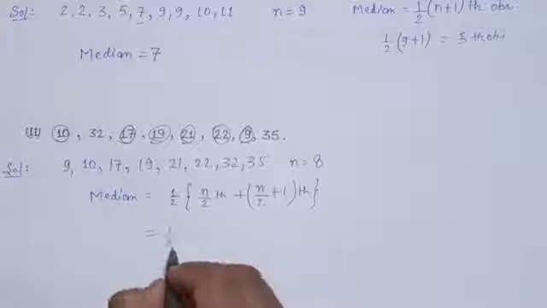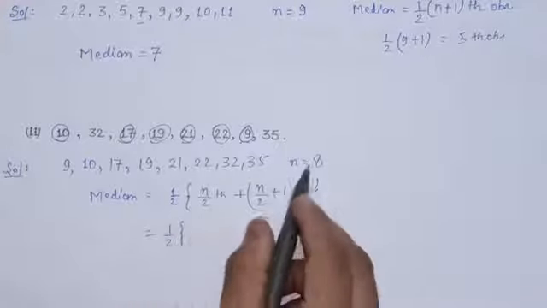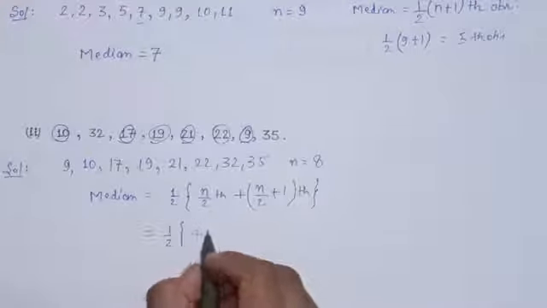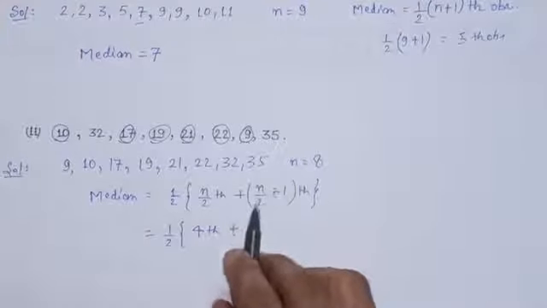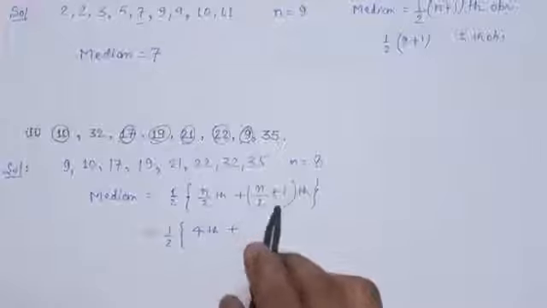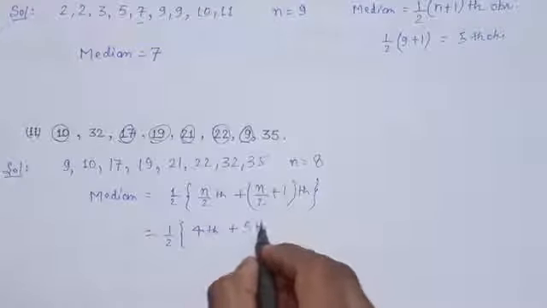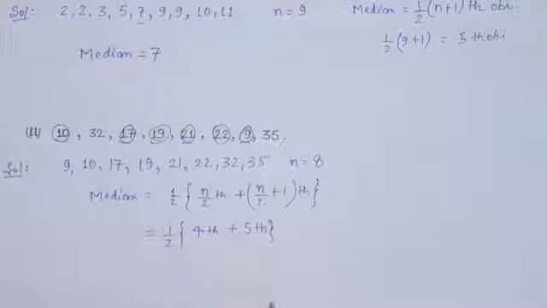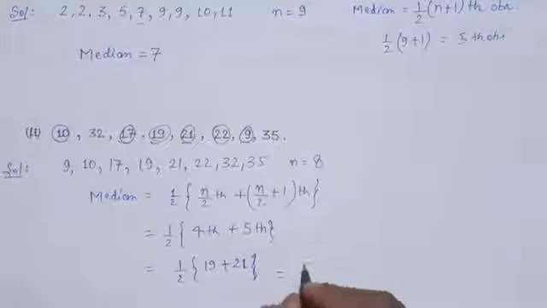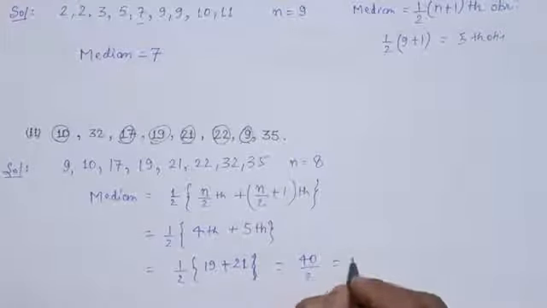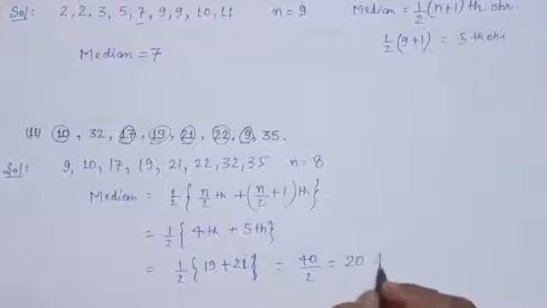Here n is 8, so 8 by 2 is the 4th observation, and 4 plus 1 is the 5th observation. Now we have to put the values. So 19 plus 21 is 40. 40 by 2 is 20. So this is our answer.